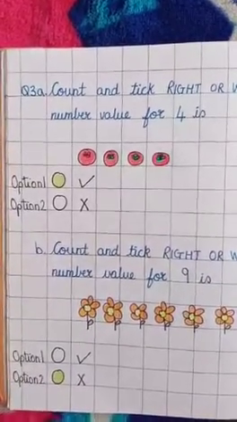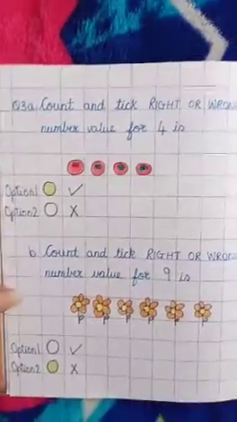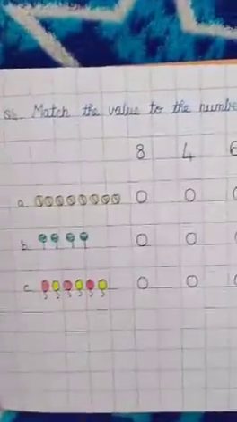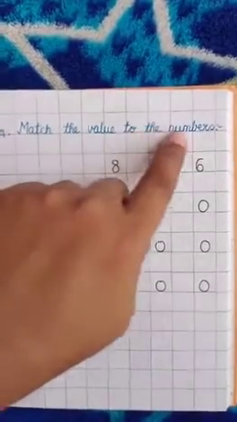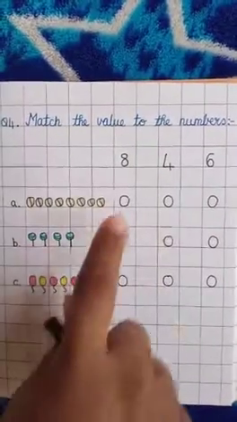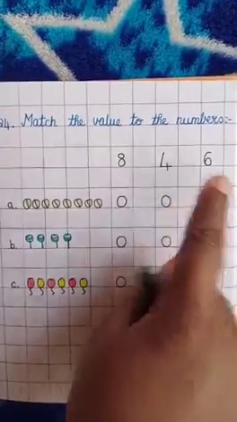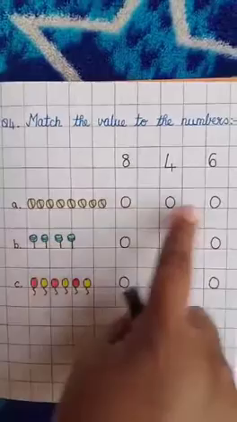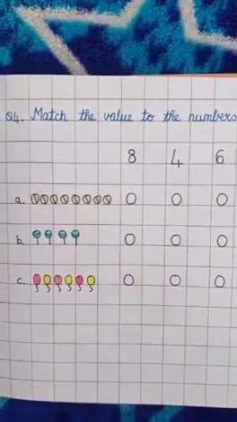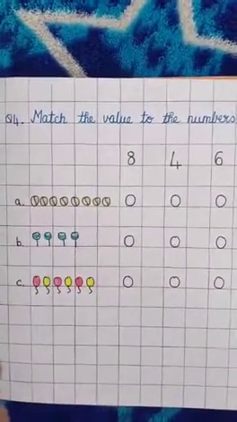Isn't it easy? Now our last exercise. Now this is our last question. Match the value to the numbers. Now I have numbers written up and here I have values. So I'm going to click and see which is the right value. First we are going to count the balls here.